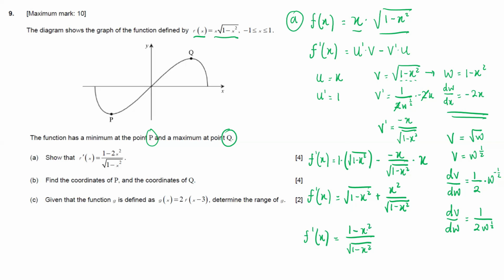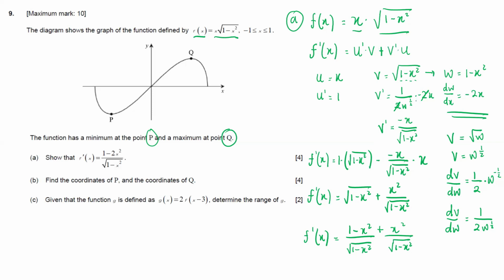Oh wait, let me check right here. Is there any mistake? Because right here, if we do it like this, then the x squared would be gone. Is there any small mistake right here? 1 minus x squared, yes, negative. Oh, my bad. This one here is supposed to be plus.